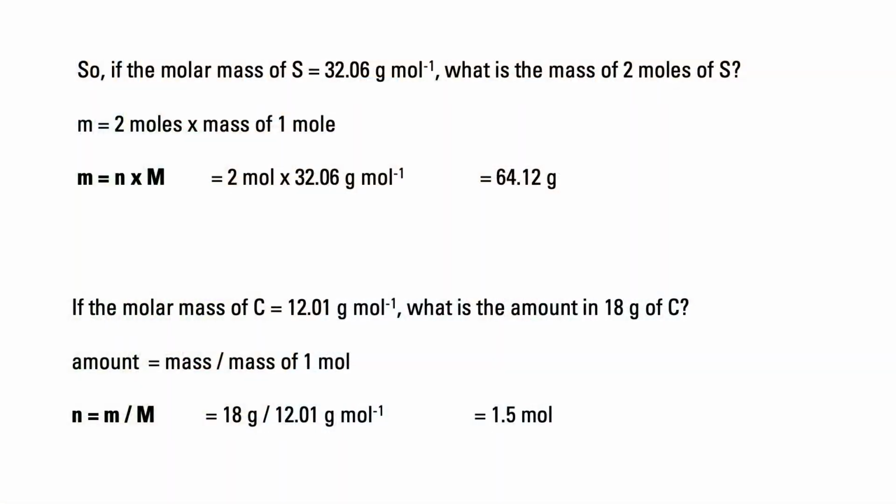So the mass of sulfur in 2 moles is equal to 2 moles times 32.06 grams per mole, the grams in 1 mole, and that gets us 64.12 grams. In the same way, we could say, if the molar mass of carbon is 12.01 grams per mole, what is the amount of 18 grams of carbon, right?